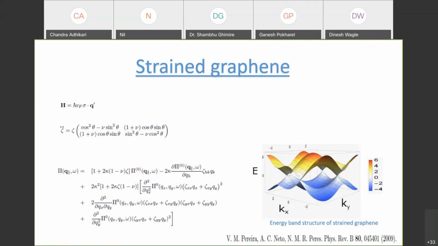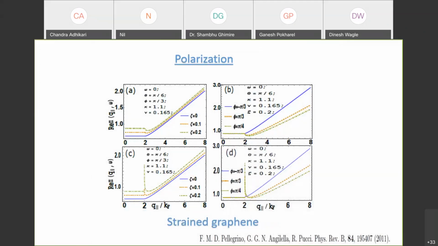The polarization function is shown here in the left bottom of the slide. It is a little changed up to second order. So because of that correction, the polarization function for different values of the parameters shown in the slide is given here.